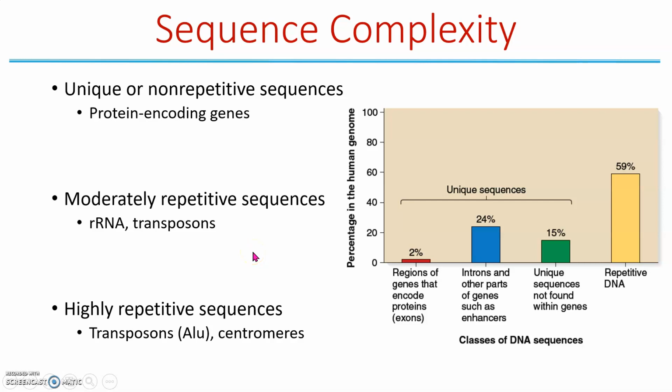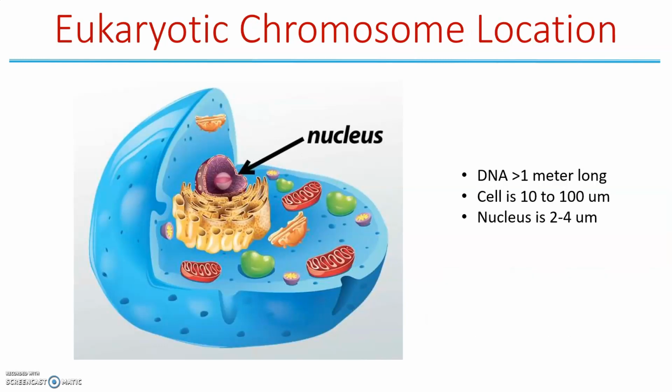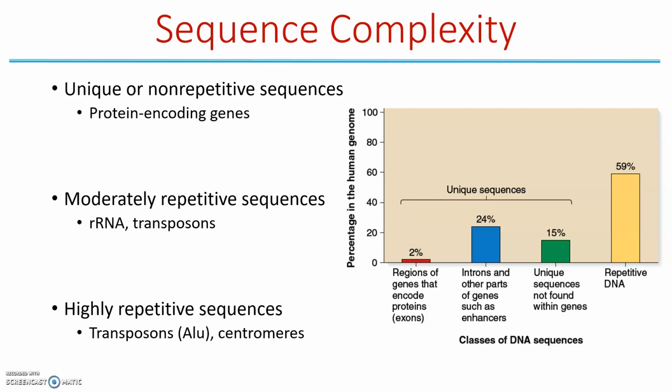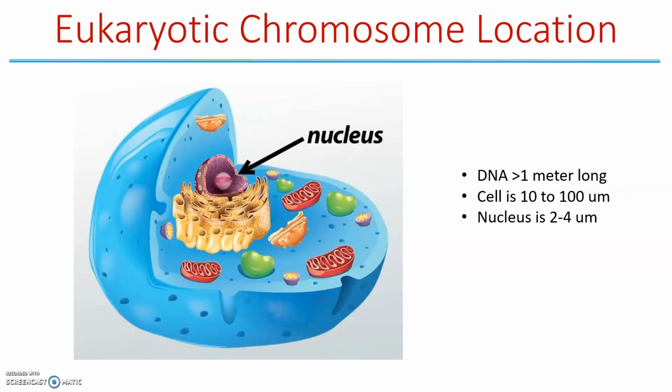So we know that the majority of our genome is repetitive sequences that don't code for genes. Okay? And how much of a genome is repetitive sequence varies based on the organism.